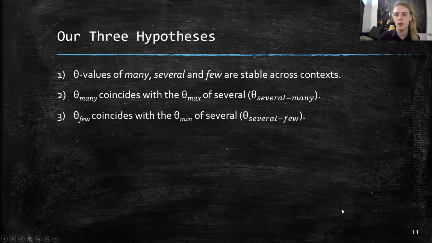Additionally, because of pragmatic behavior of listeners in trading off between alternative utterances, we're also going to postulate that the upper bound of few is going to correlate with the lower bound of several. So essentially, if all of these hypotheses are true, few, several, and many are going to be existing in complementary semantic distribution.